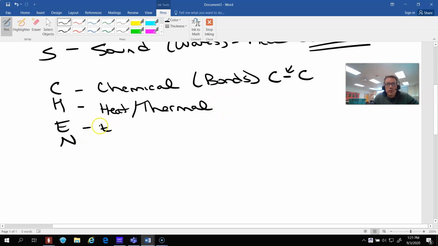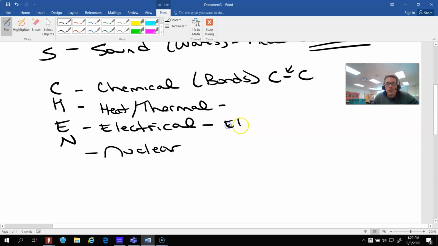The E was for electrical. And the N was for nuclear. Now, heat and thermal is oftentimes the result of radiation, but it is also one of the things that energy is being changed into, and once heat is absorbed by another material, it's going to create or increase the movement of that material.